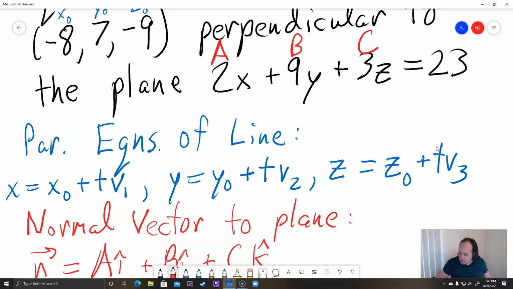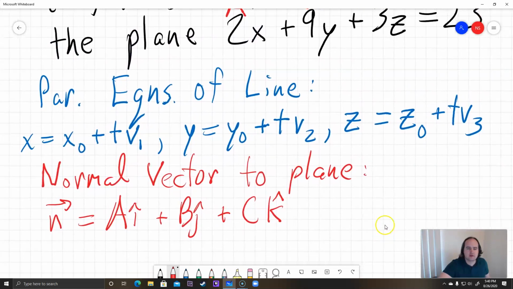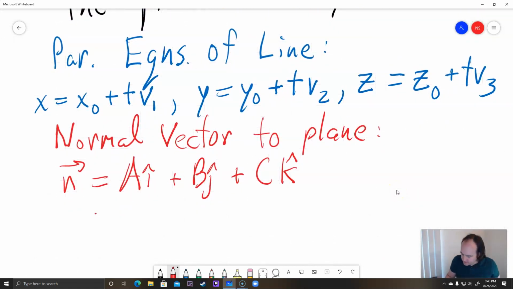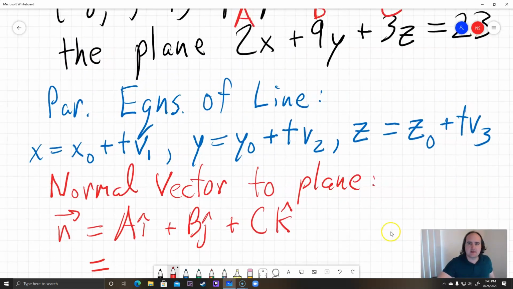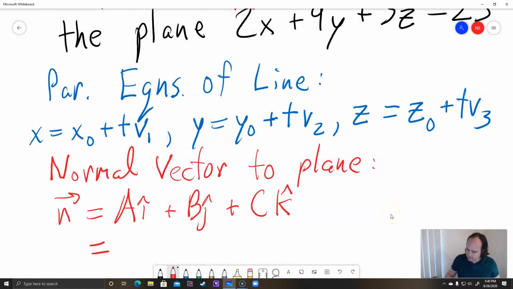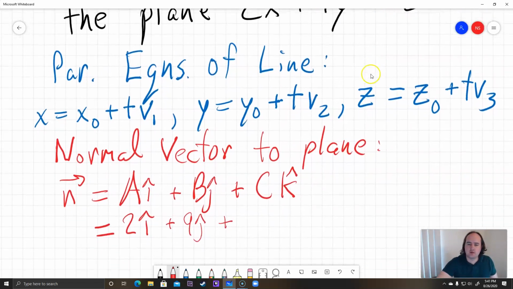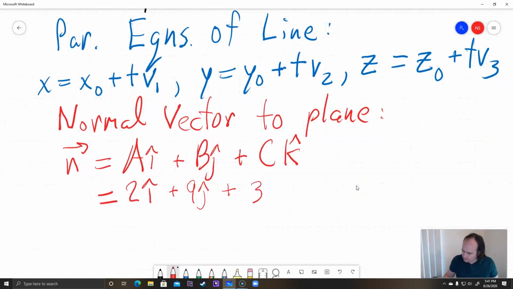Okay, so a here is 2, b is 9, and c is 3. So the normal vector is going to be n equals ai, so that's going to be 2i, plus bj, so that's going to be 9j, and then we have plus ck, so that's going to be plus 3k. Right, so that's our normal vector n.